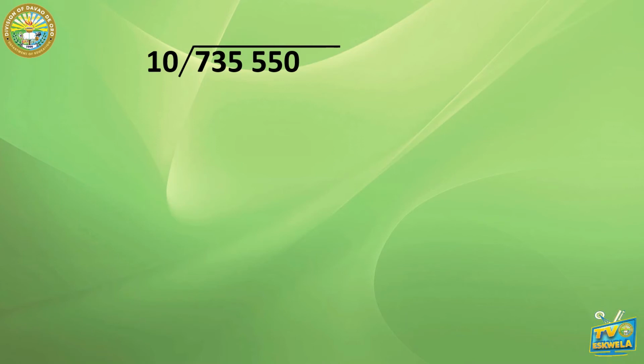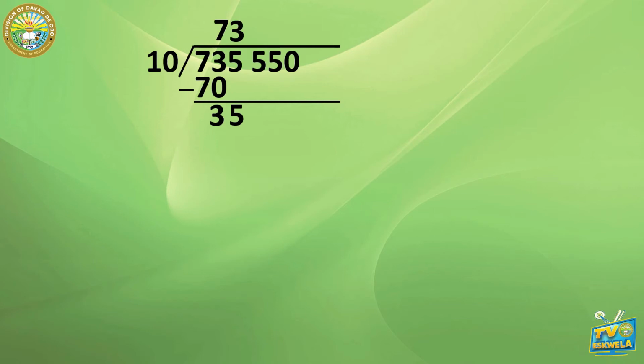735,550 divided by 10. Since our divisor is 10, then let's start with 73. 73 divided by 10 is 7. 7 times 10 is 70. 73 minus 70 equals 3.